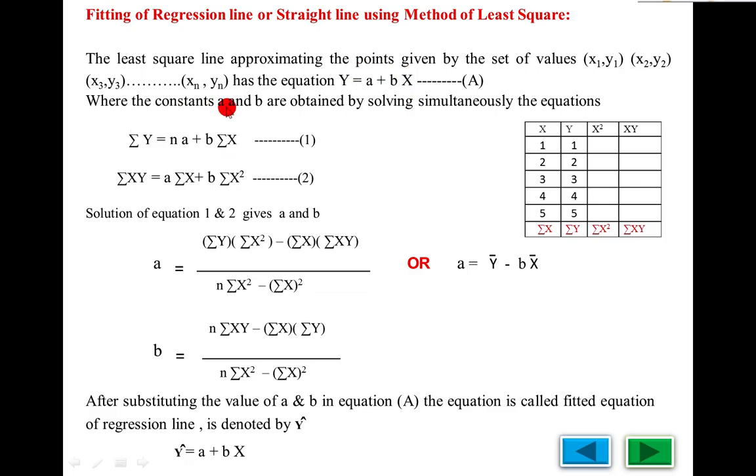The constants a and b are obtained by solving the equations simultaneously. If you apply the summation sign on both sides, you will obtain summation y, and summation means n observations. This is the constant term; any constant term, suppose a, n times will be n into a.